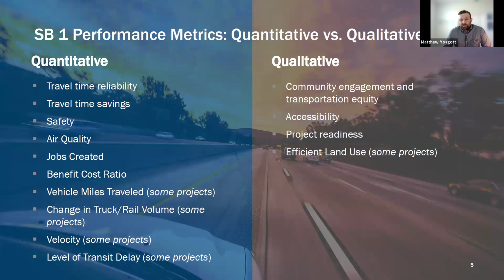The qualitative performance metrics that we require are instances like community engagement and how projects are promoting equitable outcomes throughout their communities. And so the performance metrics guidebook doesn't talk specifically about the qualitative metrics that you see on this slide. However, each of the SB1 program guidelines do describe what those qualitative requirements are.